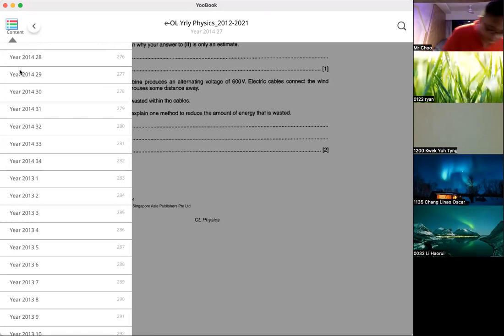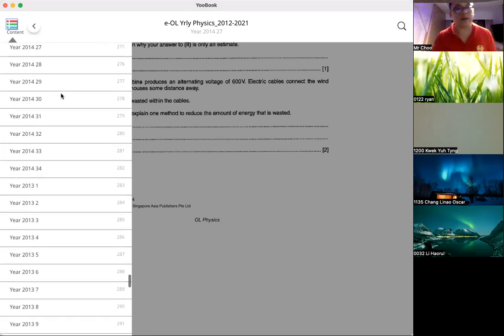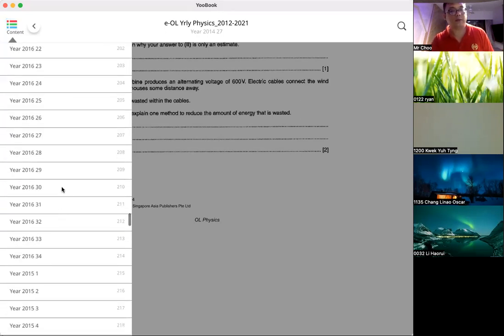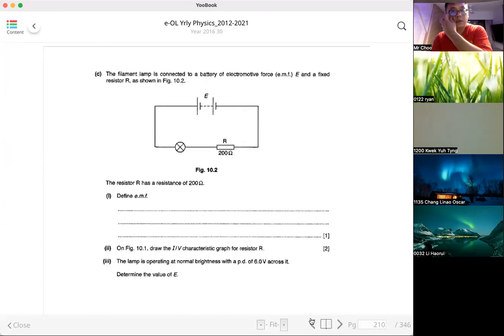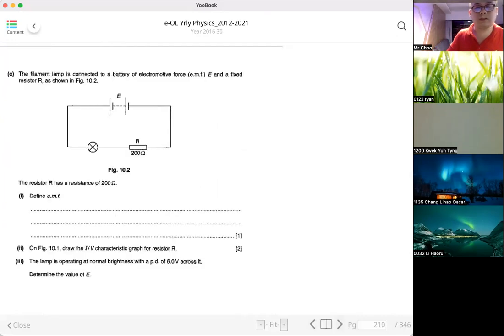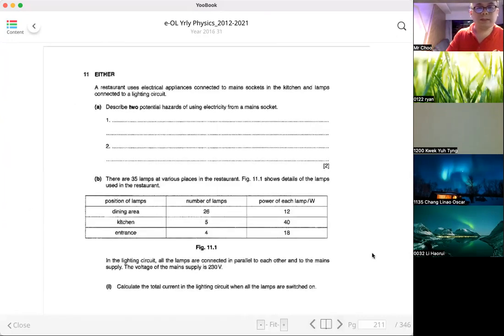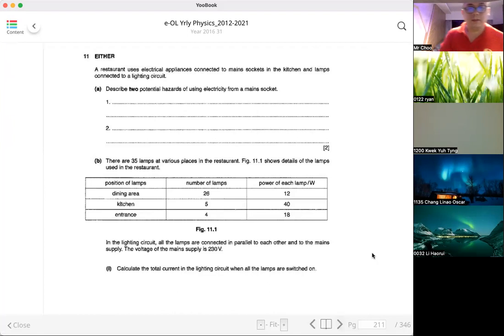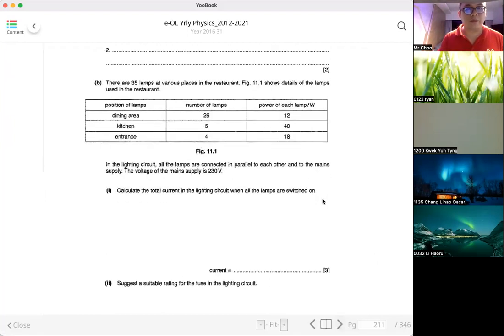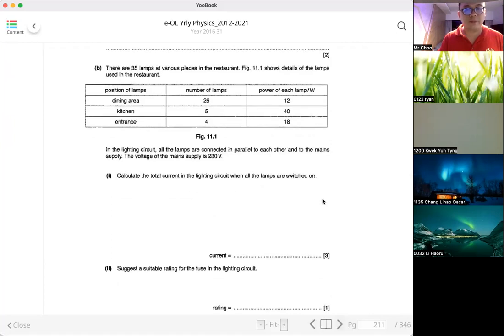Okay, 2016, 11 either. Okay, let's skip all these things. You can read them yourselves. Let's do part B. Just do number 1. Everybody do that now. Okay, 1 and 2.